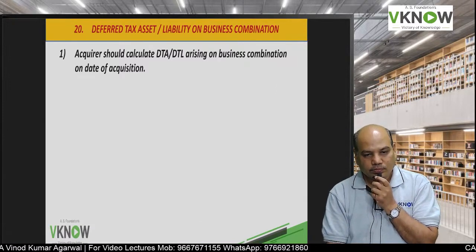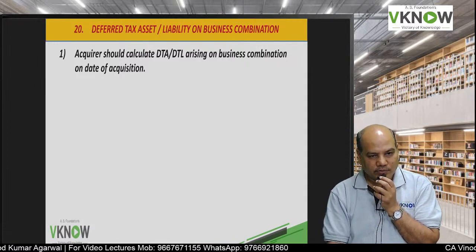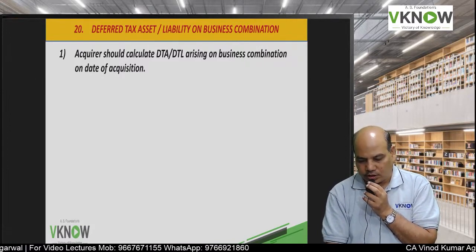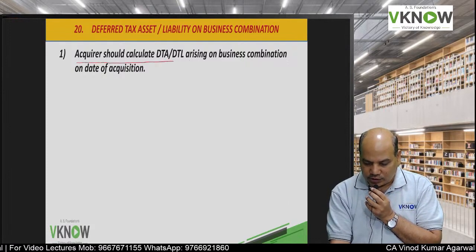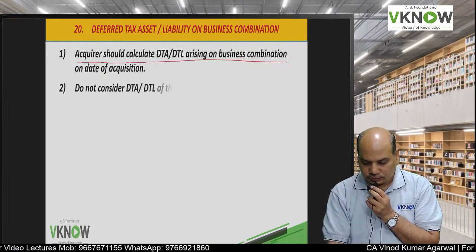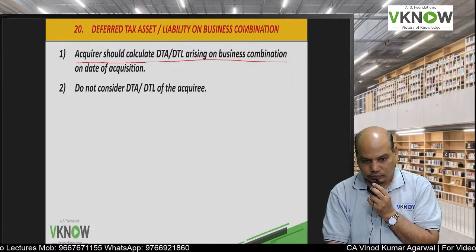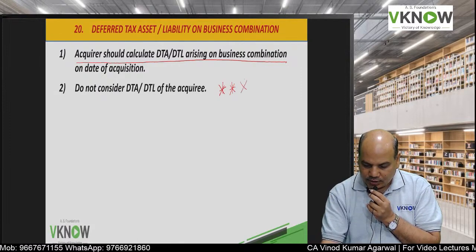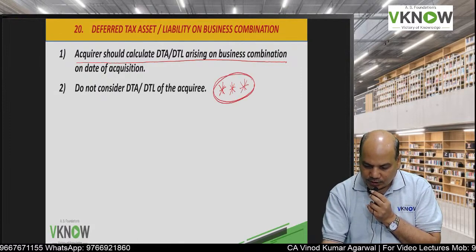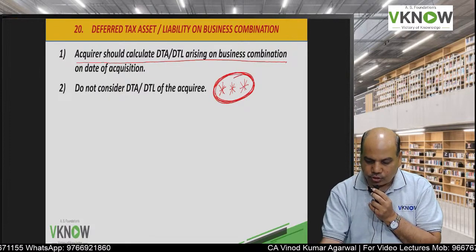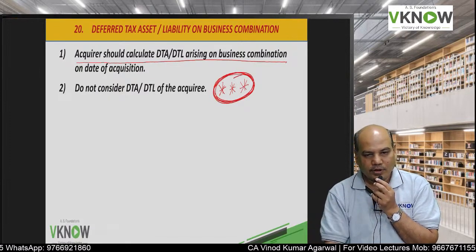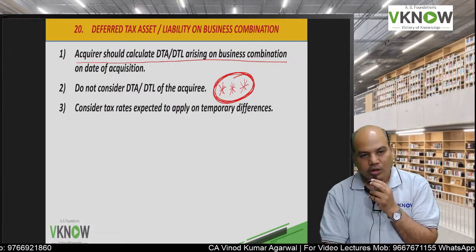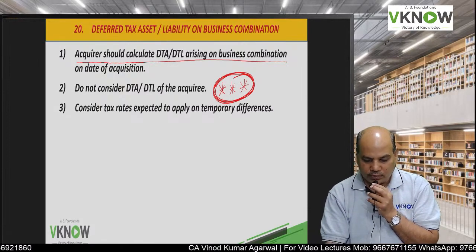When you are solving problem of business combination, then the issue of deferred tax asset and deferred tax liability will also arise. DTA detail is covered by another standard which is IND AS 12. First, very important, if any DTA or DTL is appearing in the books of acquiree, you will not consider those DTA or DTL.